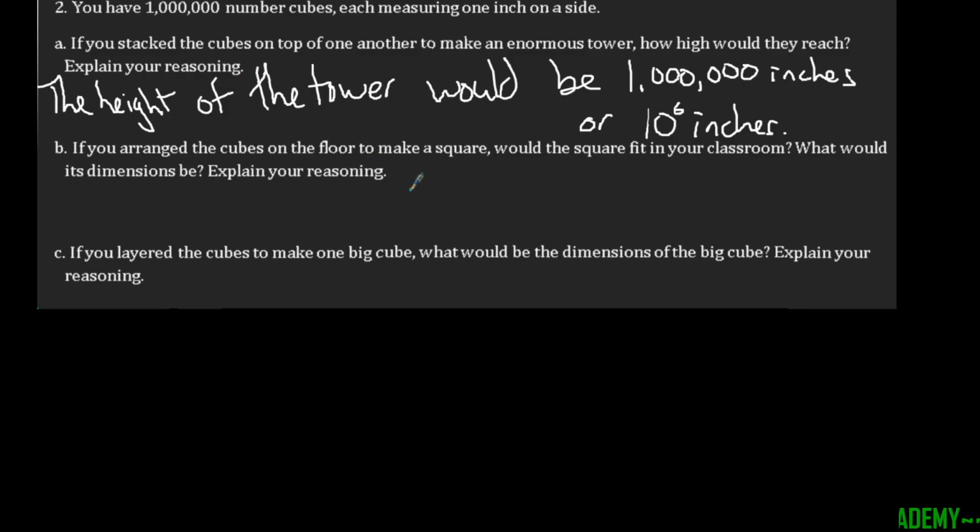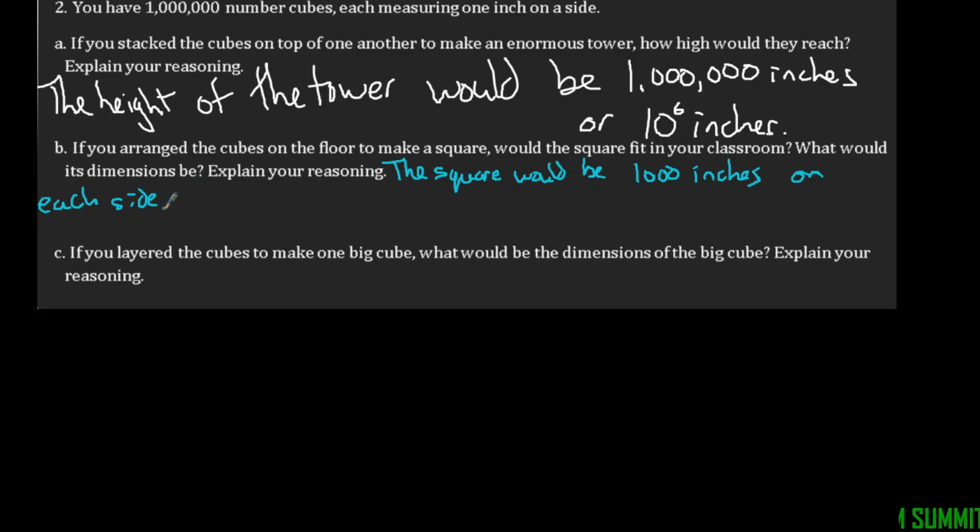Let's say the square would be 1,000 inches on each side, which means, or we could say since 1,000 times 1,000 is equal to 1 million.